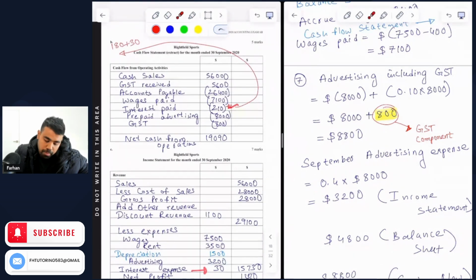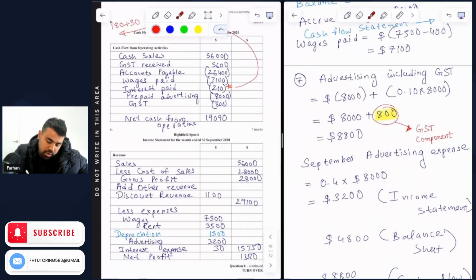So be careful. And once you add all the expenses, it's 15,730, which is what you subtract from 29,100, and you get 13,370 as the net profit for the month ended 30 September 2020. All right, so I'll just hold this frame for 10 seconds for you so you can quickly copy everything and understand what's happening.